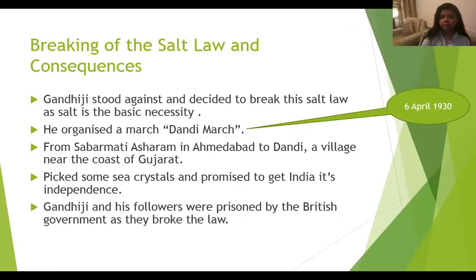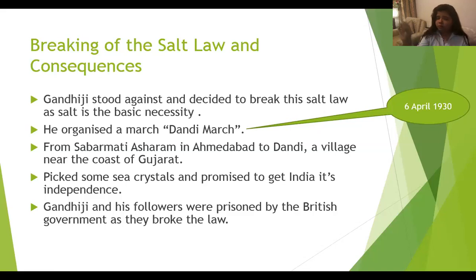Let's go ahead. Now, how was the salt law broken, who broke it, and what were the consequences or the result of it? Gandhiji stood against it and decided to break this salt law, as salt is a basic necessity. He organized a march, the Dandi March, on 6th April 1930.